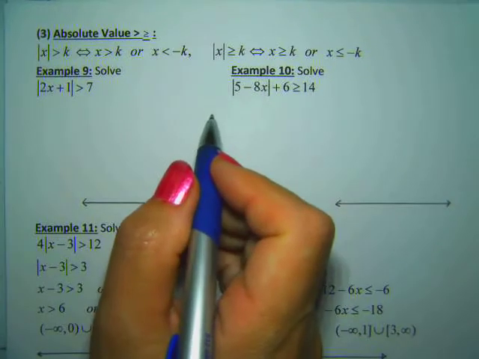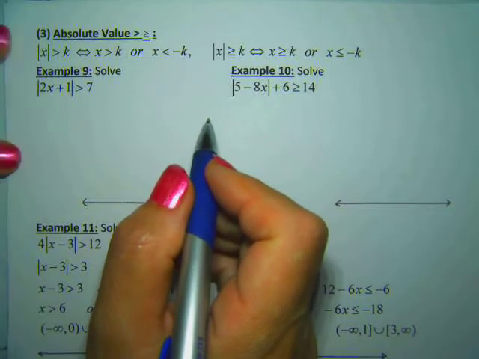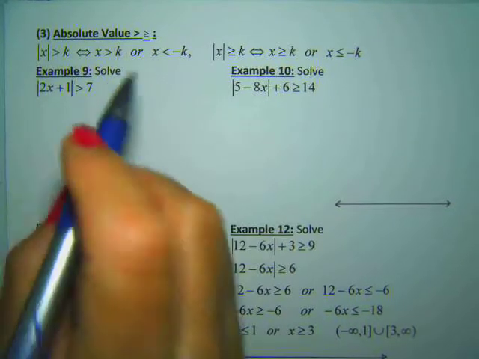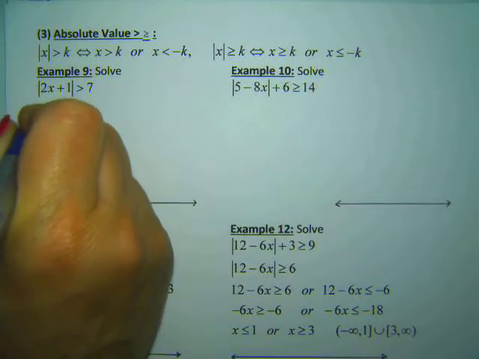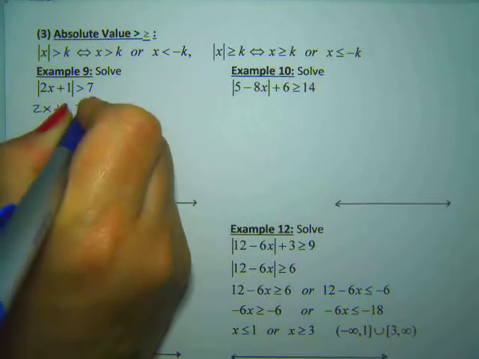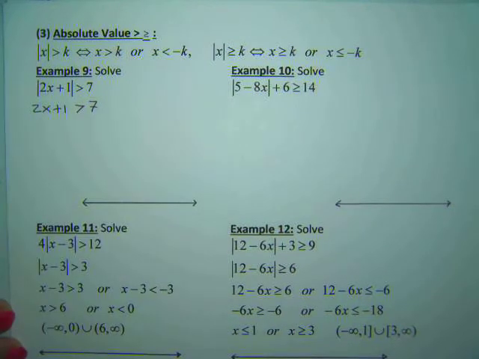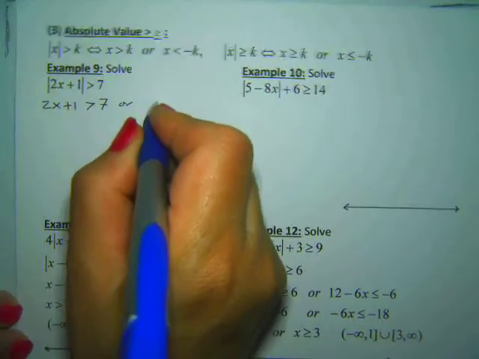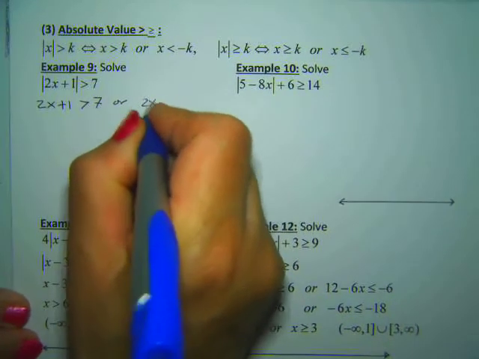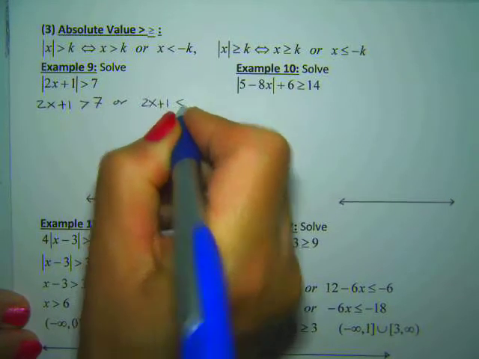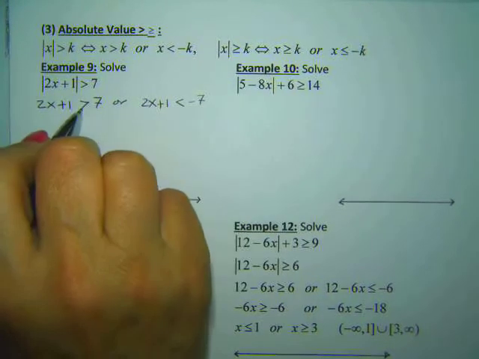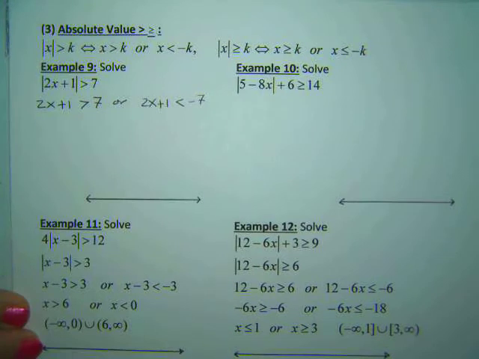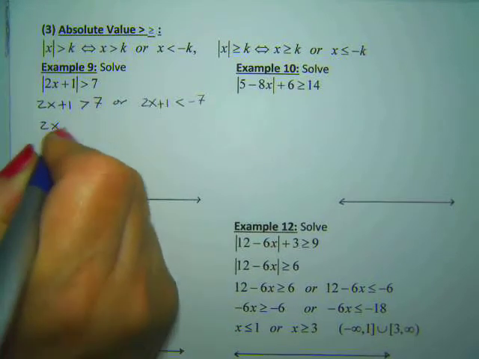So I see that I have an absolute value sign and a greater than, so I'm going to have two inequalities. One of them looks exactly the same without the absolute value sign, and the other is 2x plus 1 is less than negative 7. Again, switch the sign. Now we'll solve these two individually.